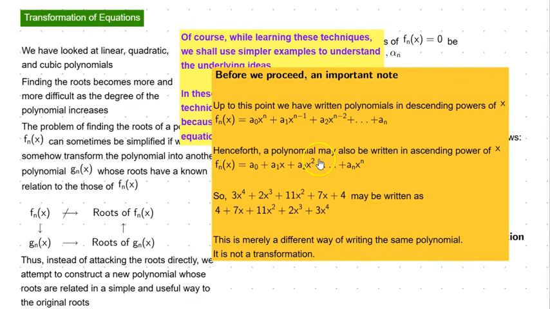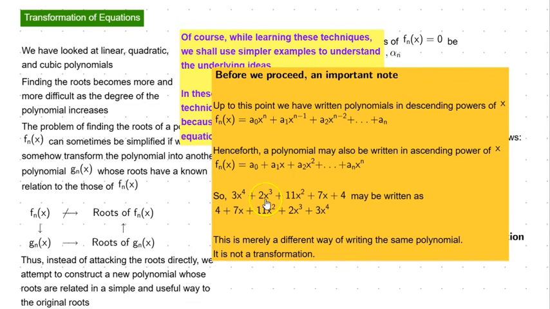Henceforth, a polynomial may also be written in ascending powers of x. So 3x to the power of 4 plus 2x cubed plus 11x squared plus 7x plus 4 may also be written as 4 plus 7x plus 11x squared plus 2x cubed plus 3x to the power of 4.